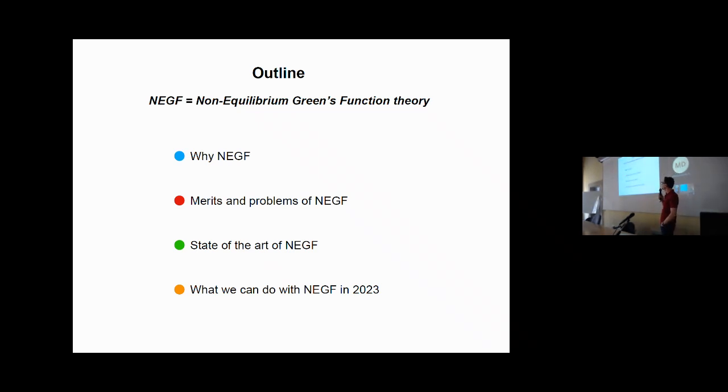I will illustrate what the merits, but also the problems, of this method are. And then I would also like to spend some time illustrating the state of the art of NEGF, so what we can really do nowadays in 2023 with non-equilibrium Green's function theory.